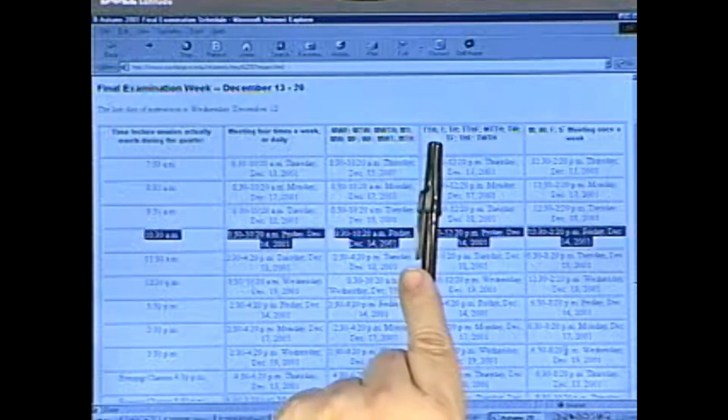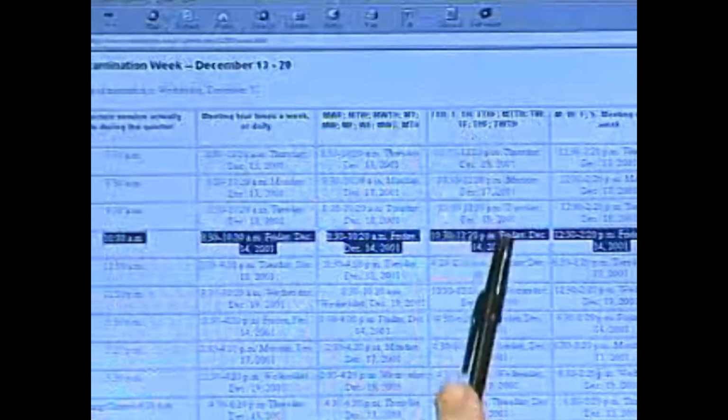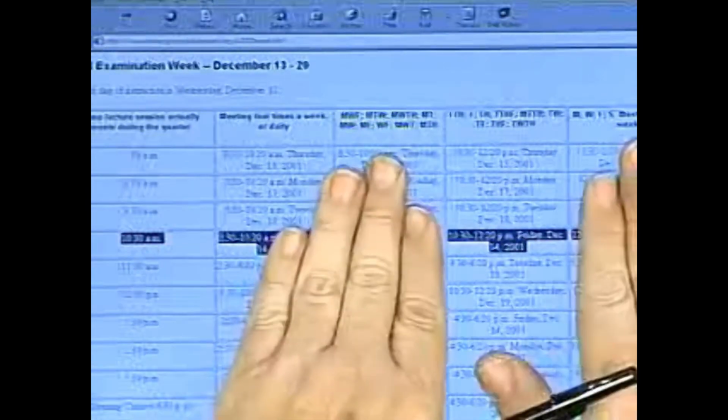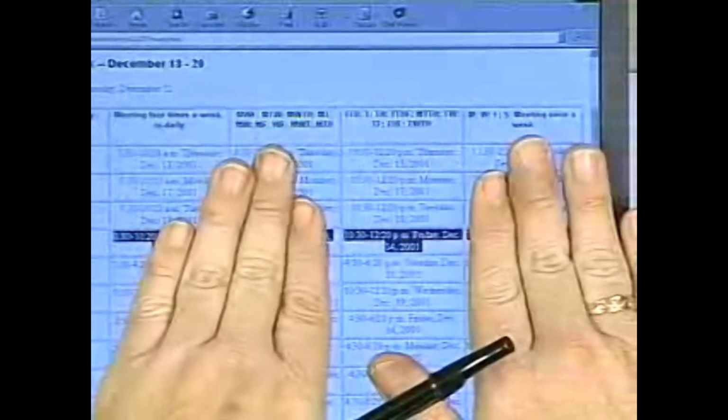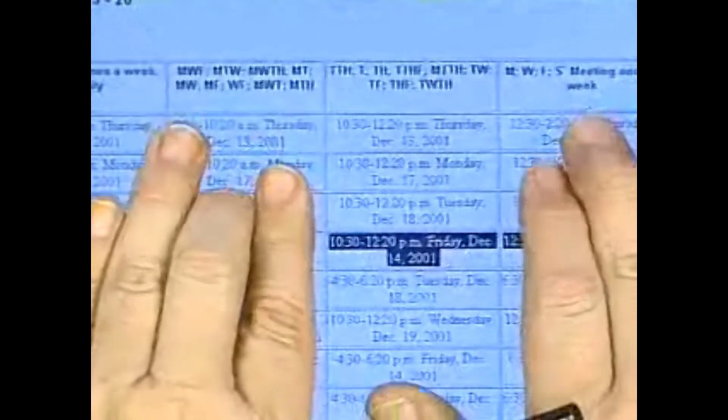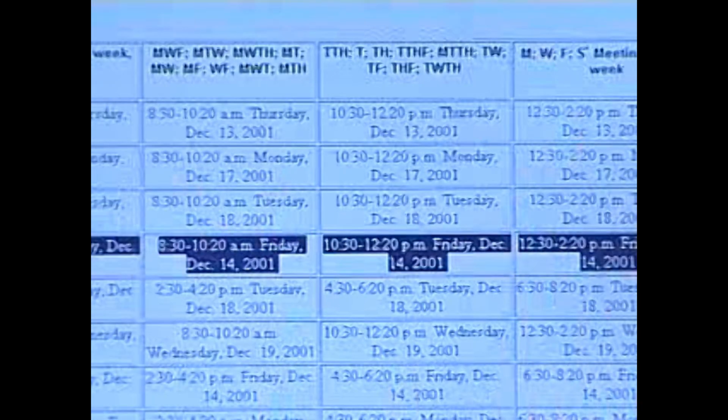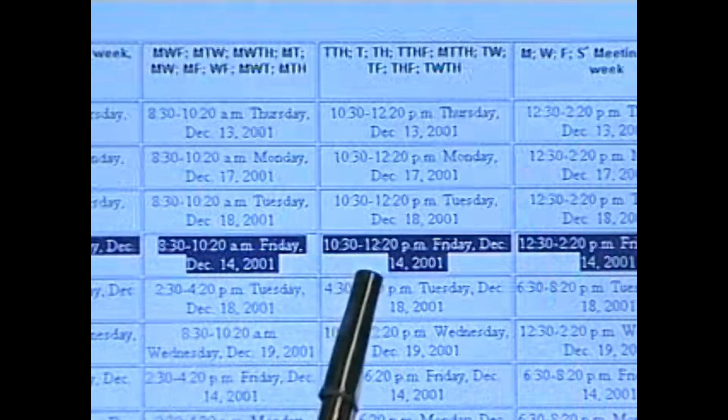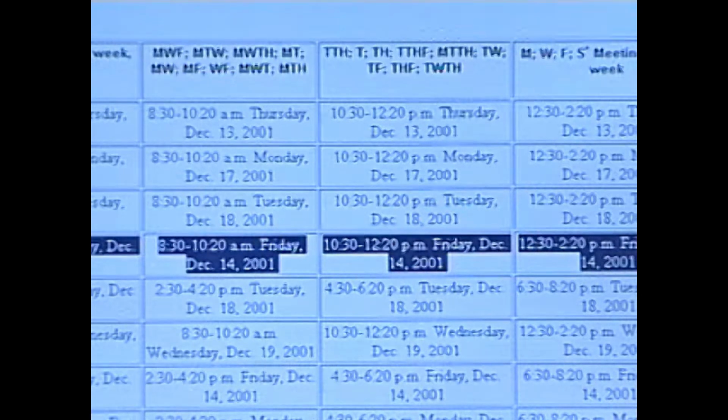That's Tuesday, Thursday, right? That's us. And so if we meet at 10:30, Tuesday, Thursday, then this is our exam time. So if we could zoom in on that. Okay. 10:30 to 12:20 p.m. Friday, December 14th. So that's when our final examination is.